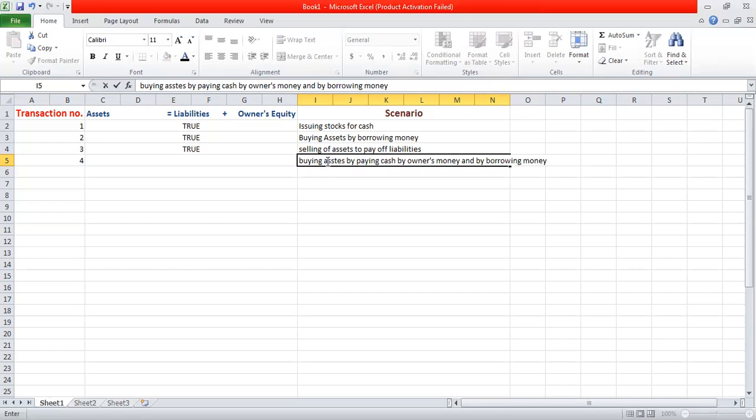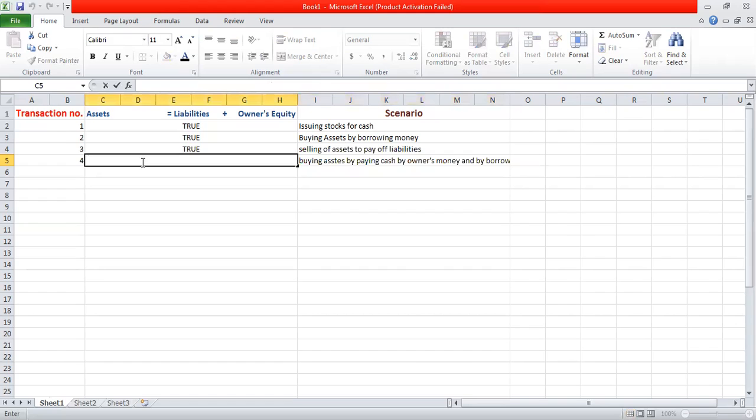So you are buying assets by paying cash from the owner's money and by borrowing money from someone else or by taking a loan from the bank. For example, the assets that you are buying are of rupees 1,000.